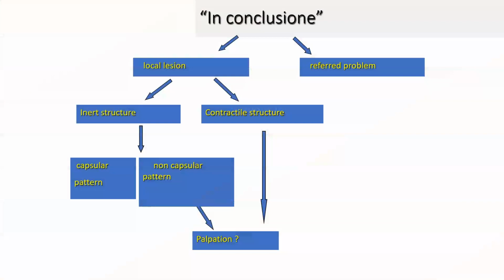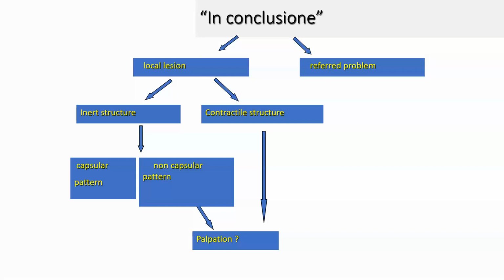Actually, if you want to summarize the orthopedic medicine clinical strategy for the extremities, you can do it just in this slide. You did the history, inspection, functional examination, and then you ask yourself, okay, this patient with shoulder pain, is it a local problem or is it a referred problem? Is it the shoulder or is it the cervical spine? If it is a local problem, what did you find in your examination? Is it an inert problem or a contractile problem?